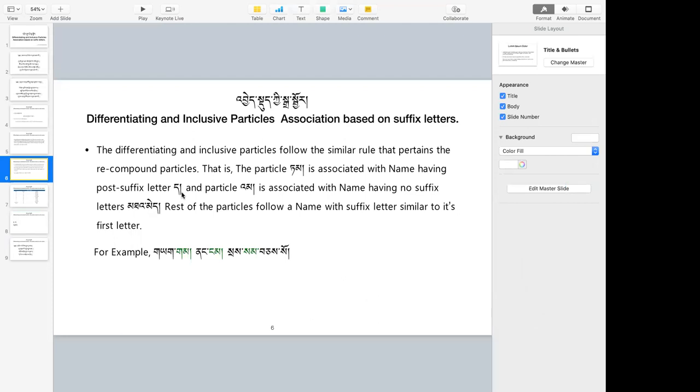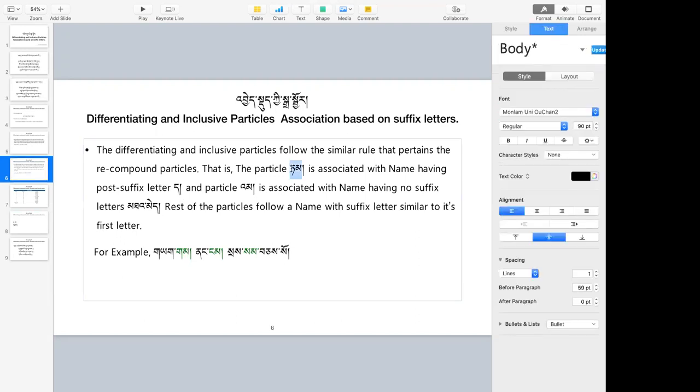So if any name, which could be understood as a word in English, has the post-suffix letter ta at the end, then that particular name will be associated with the particle tam.